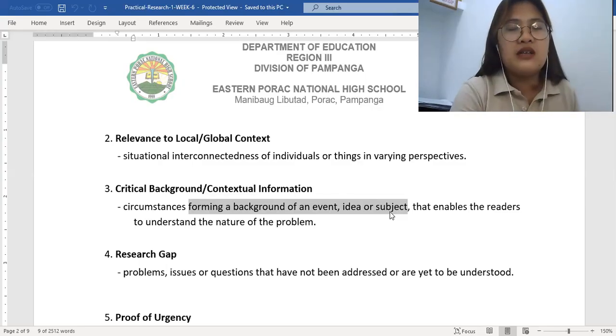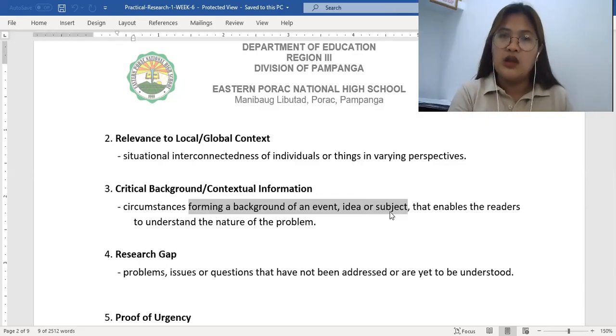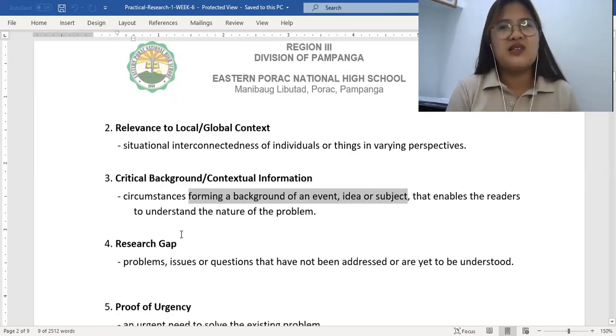So dun papasok yung critical background or contextual information. So same goes with the study. Hindi ka mag-a-assume na alam na ni reader lahat. So magpo-provide ka ng critical background or contextual information para maintindihan nila saan ka nanggagaling, anong pinaghuhugutan mo, okay? Yes, so there.